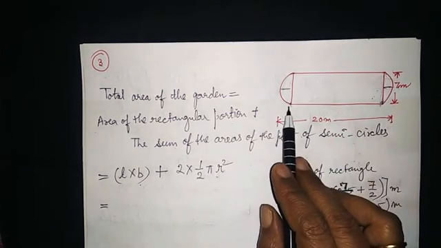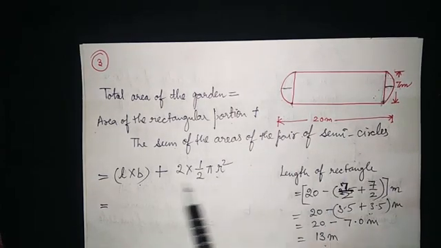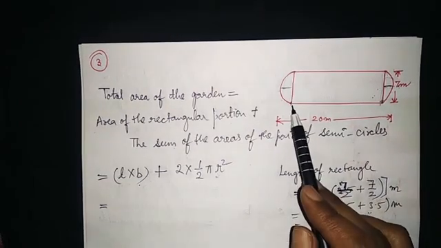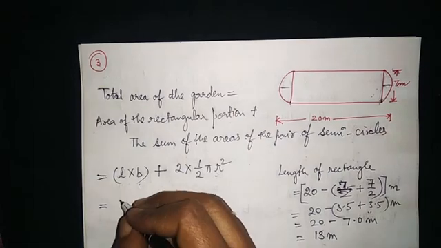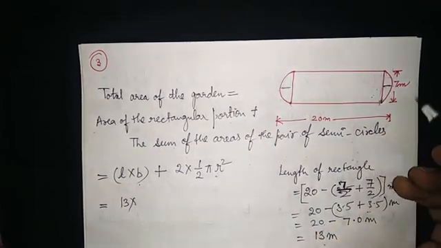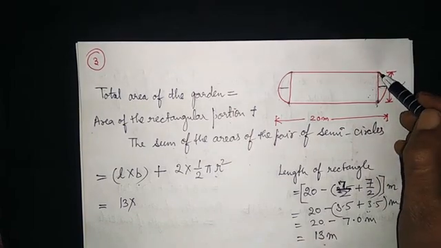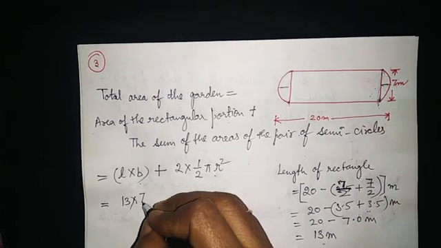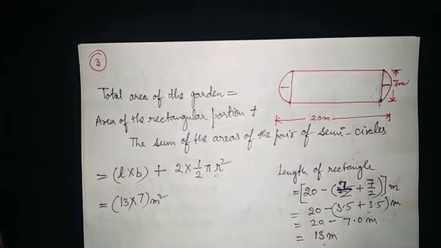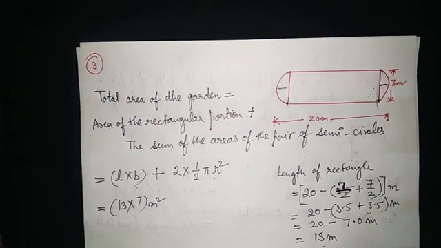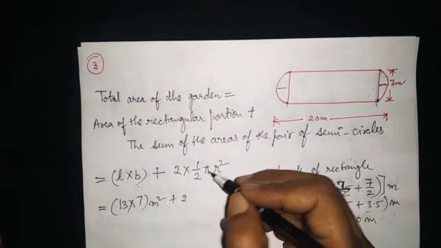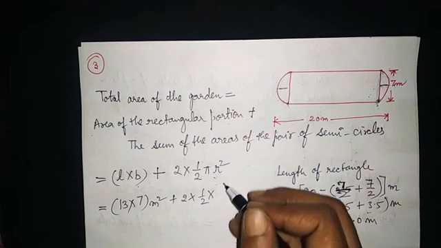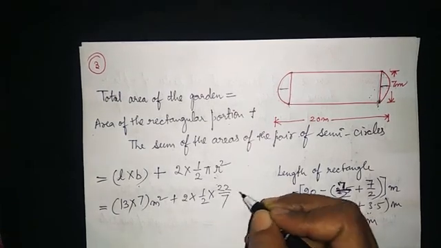The length is coming 13 meters from here to here, and the breadth, the distance from here to here, we will write 7. The unit of area we will write after this. 2 into 1 by 2, and in place of pi we will write 22 upon 7.